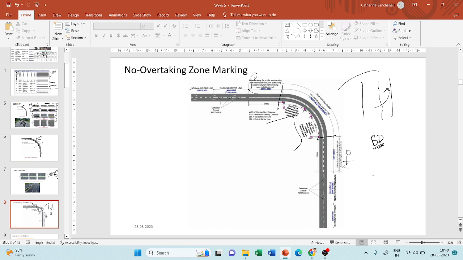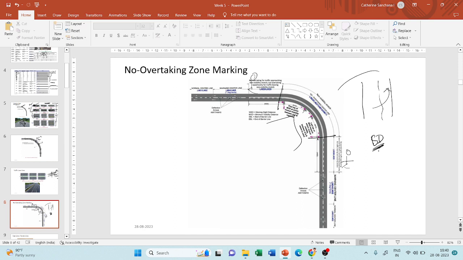You know that you need a minimum sight distance. We saw the equation, right? Vt plus v square by 2g f. So that sight distance requirement has to be satisfied all along the length of your roadway.